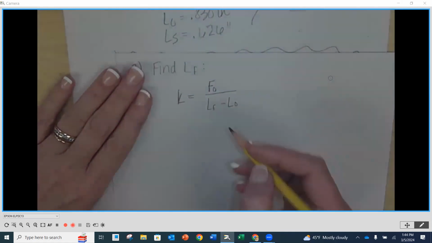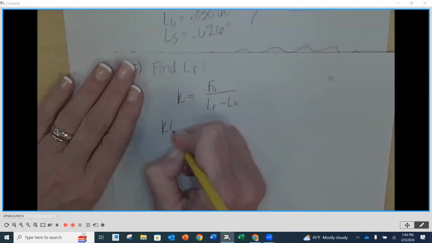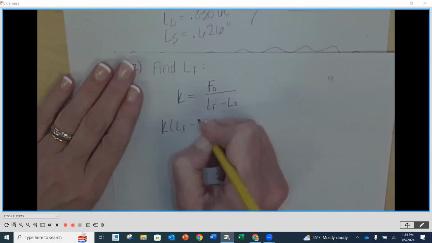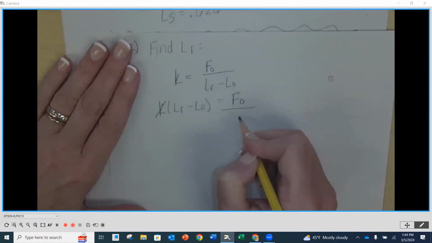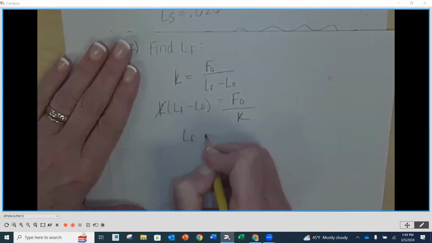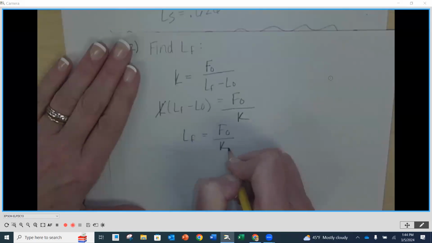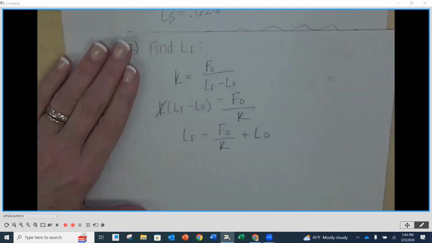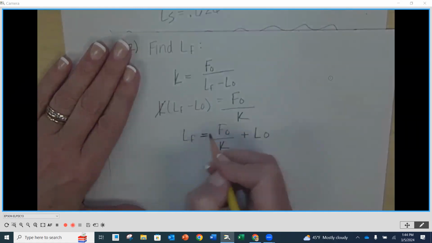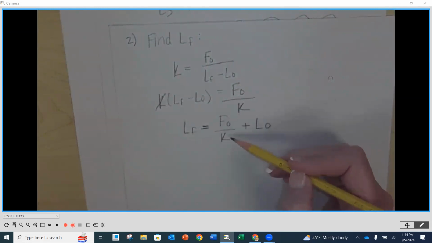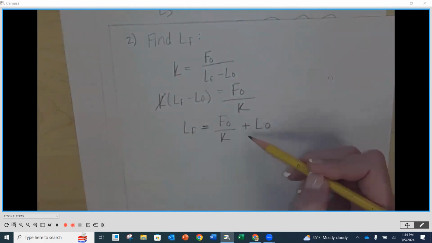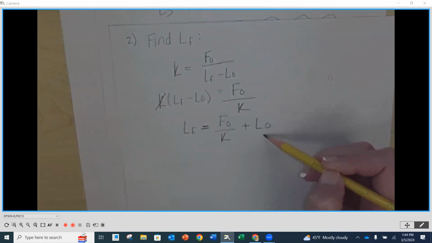I'll rearrange mine here too. So by rearranging, you should get the operating force divided by the spring rate plus that operating length.